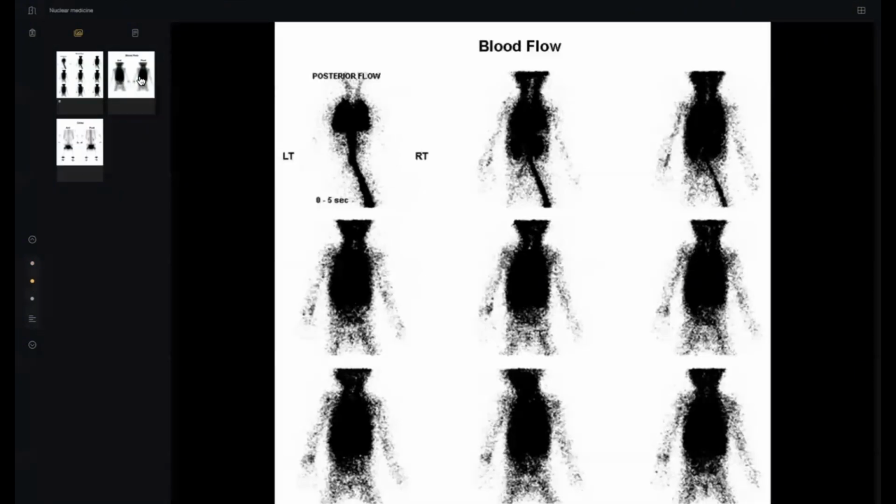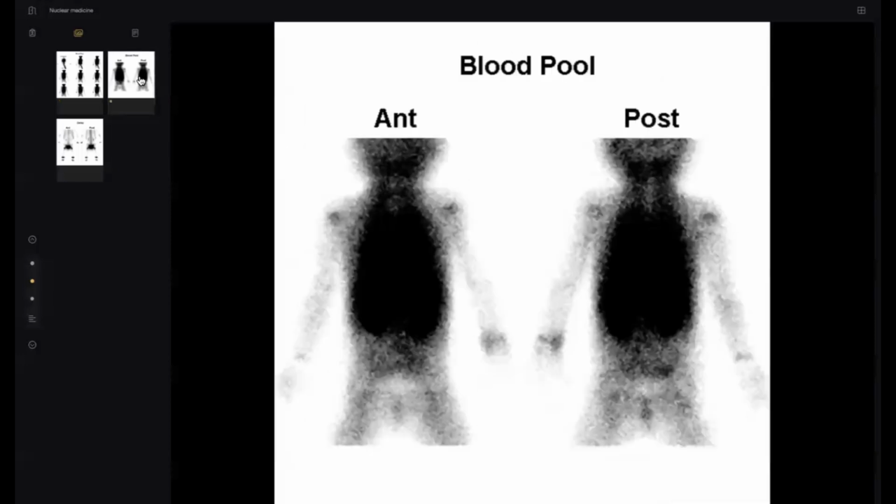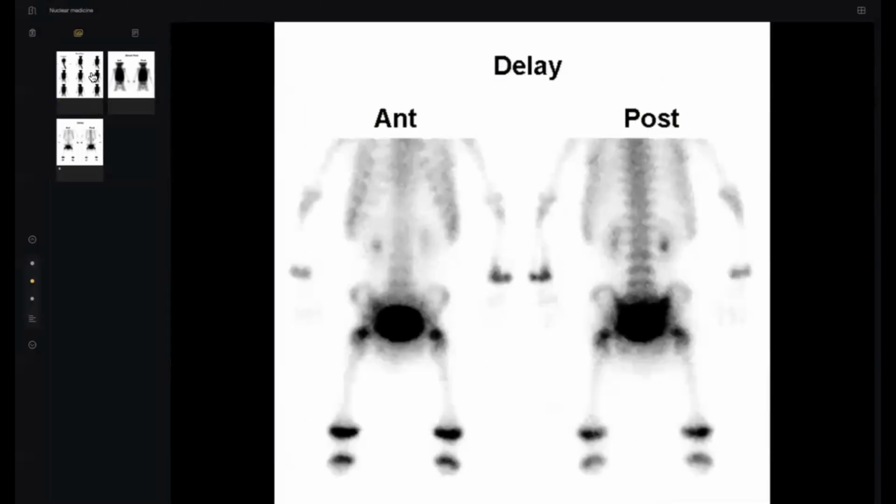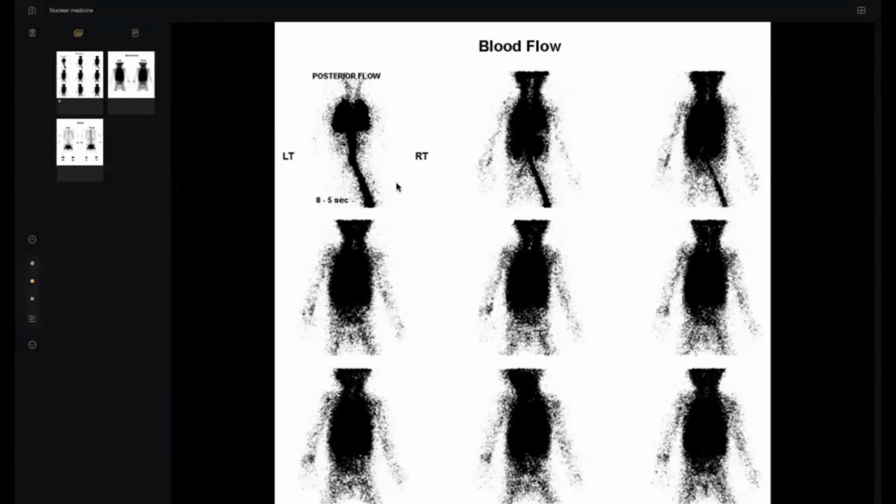So they do a triphasic bone scan, where you see blood flow, blood pool, and the delayed phase. This is a dynamic study. See, this is the left and this is the right, as I told you, because this is posterior.